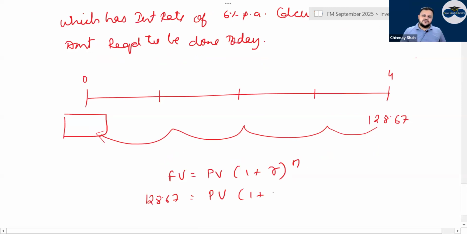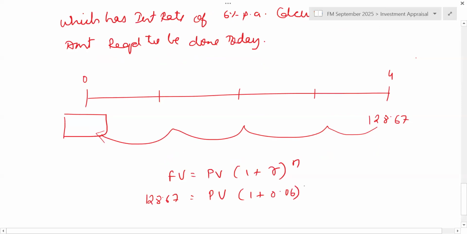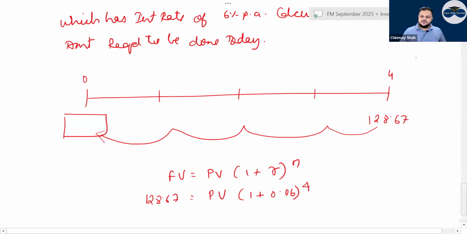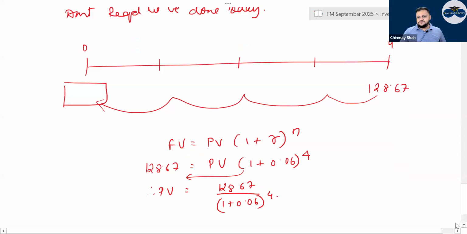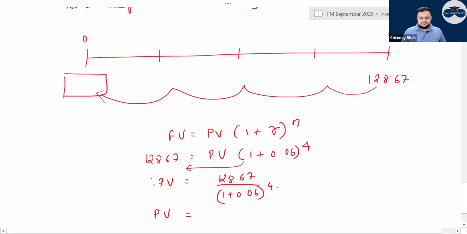The interest rate is 6%, 0.06, raised to 4 years. If you have to find present value, you rearrange the formula. Present value is equal to 128.67 divided by 1 plus 0.06 raised to 4. Find out how much the present value is.